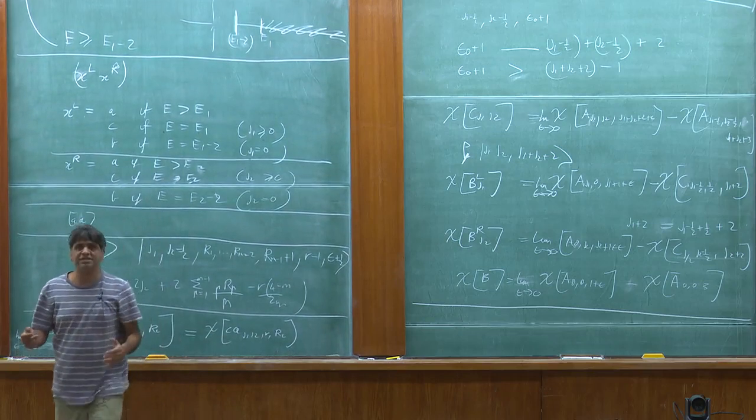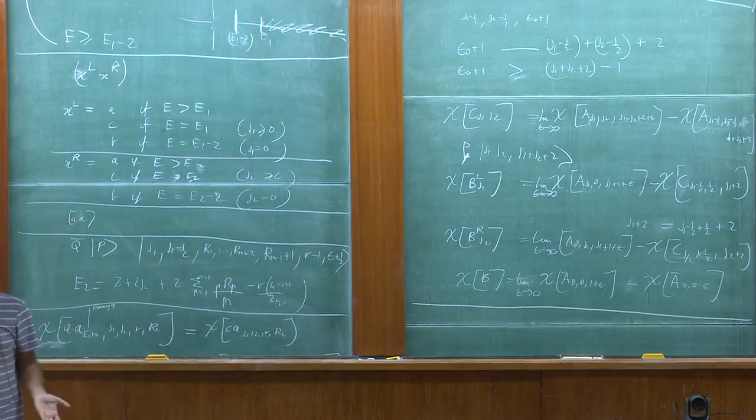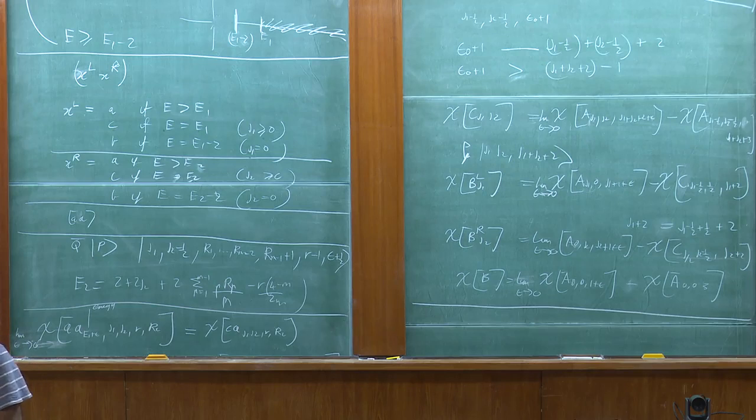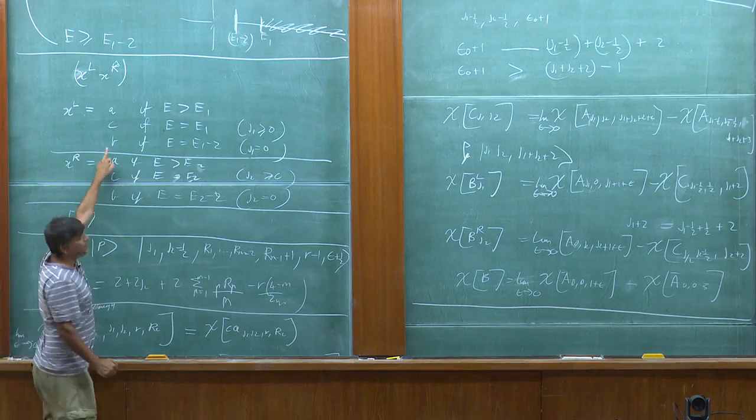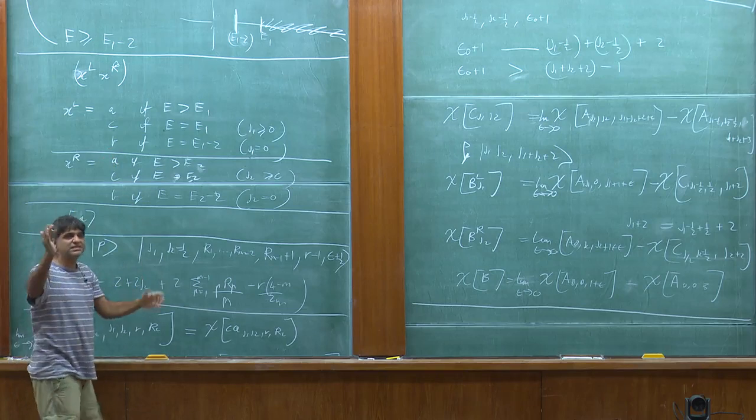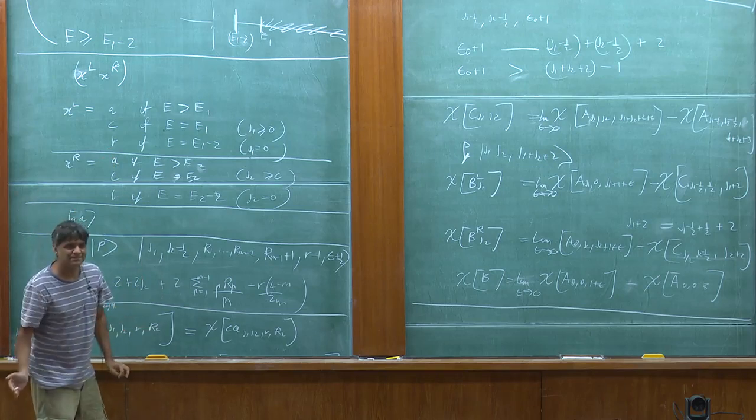All representations had E greater than or equal to epsilon 1. The special thing about J1 equals 0 was that it also allowed epsilon equal to E1 minus 2. So the really special guys are the B types. C's are the generic short representations.